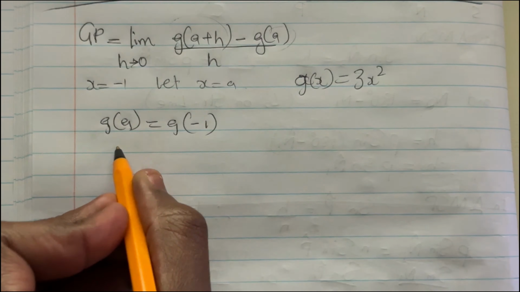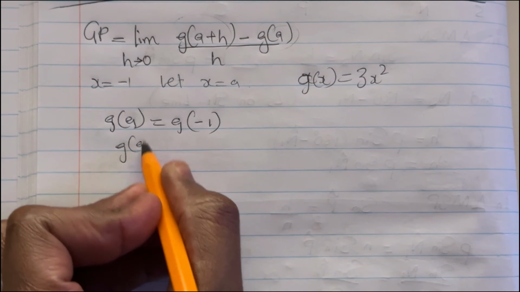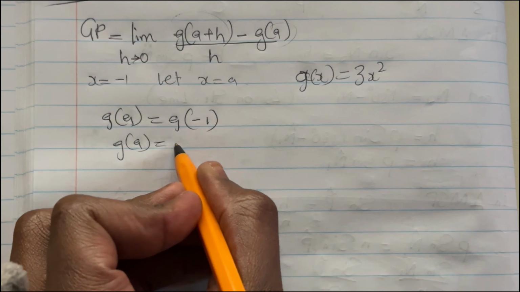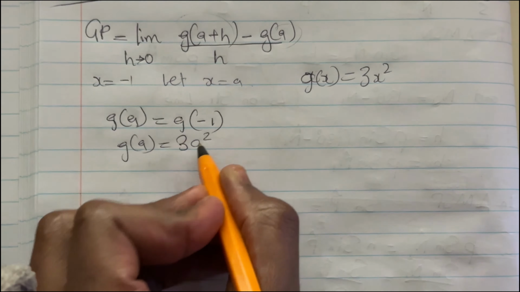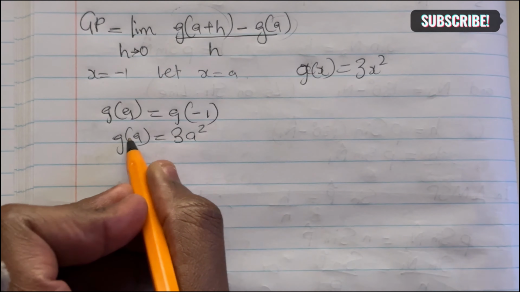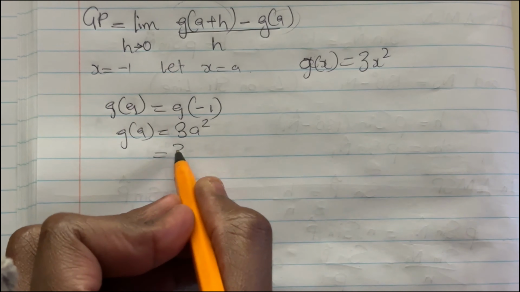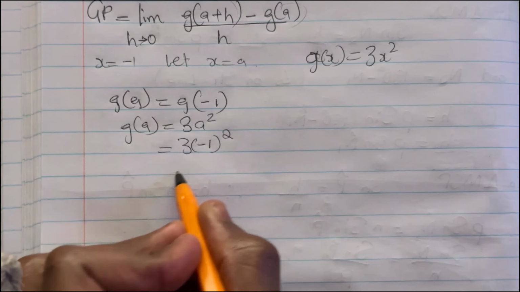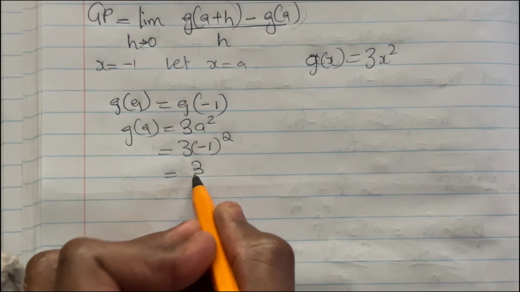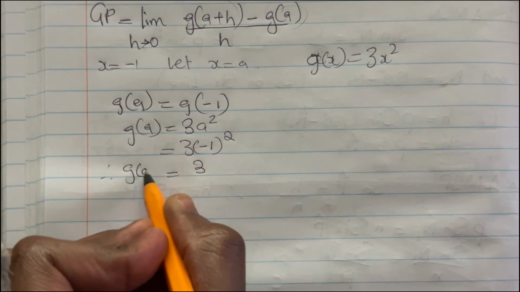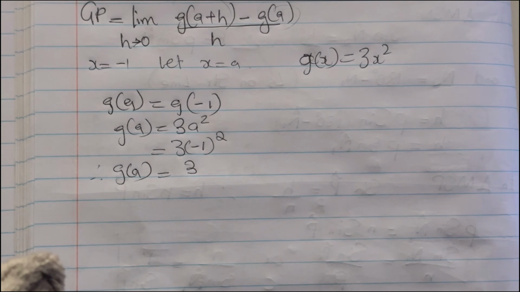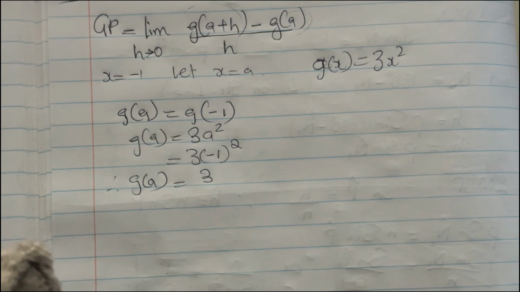So g(a) is equal to 3a squared. We know that a is -1, which is going to be 3 into (-1) squared, which is equal to 3. Therefore g(a) is equal to 3. That is the answer for g(a).